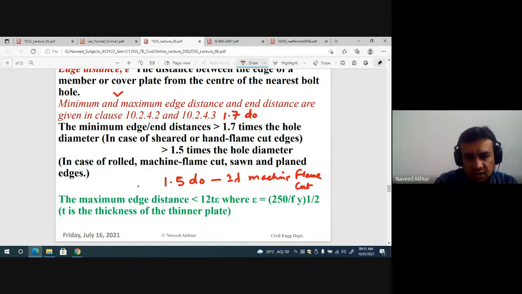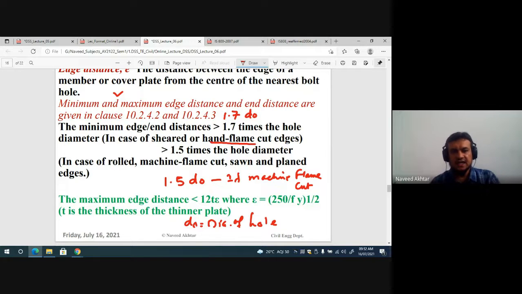So here you can see hand flame cut or hand driven cut. 1.7 times D0, because D0 is nothing but the diameter of the hole.